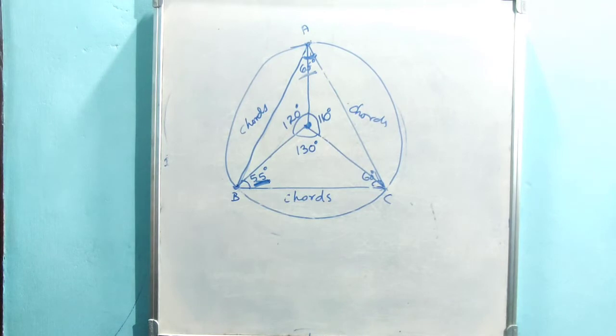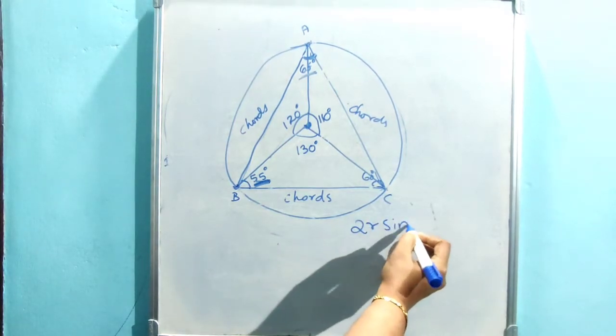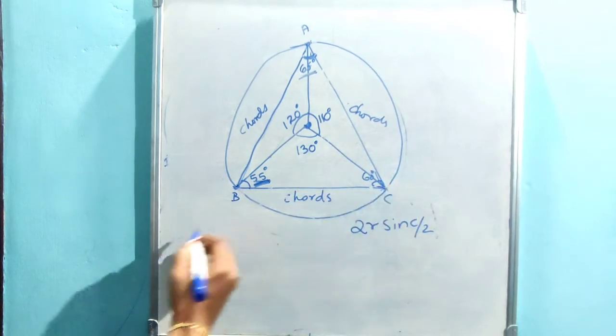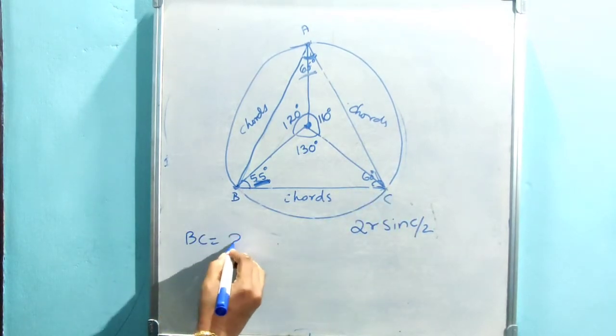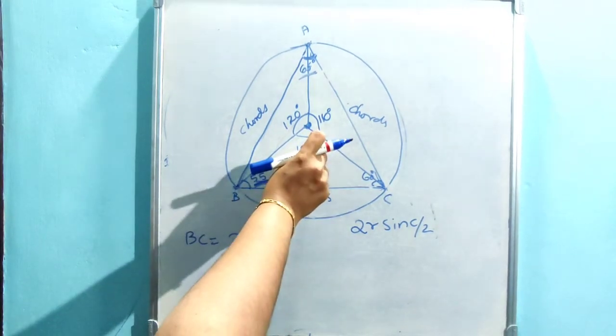Now using our 2R sine C by 2, can we find out the length of the sides of the triangle? Yes, we can. What is BC? BC is equal to 2R sine C by 2. What is the central angle of BC? 130.